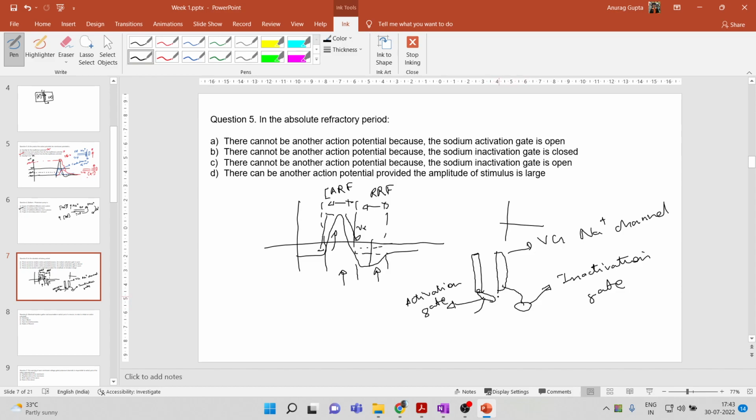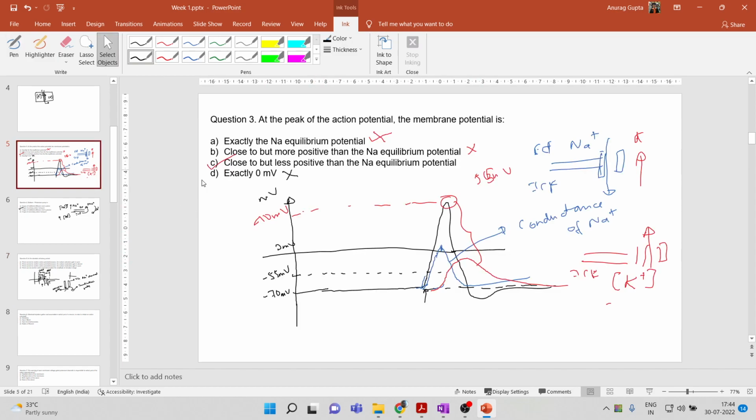Then there is a brief window where the channel is open, because the inactivation gate is closing slowly, and in that brief window large amounts of sodium ions diffuse down their concentration gradient, and then this depolarization happens, right? We already discussed this. So during this period, the conduction of sodium increases.